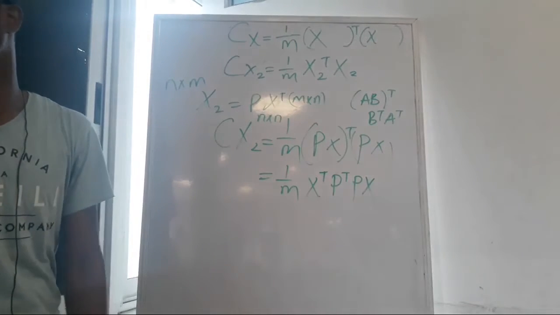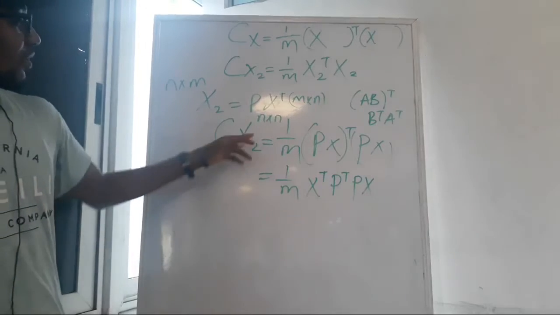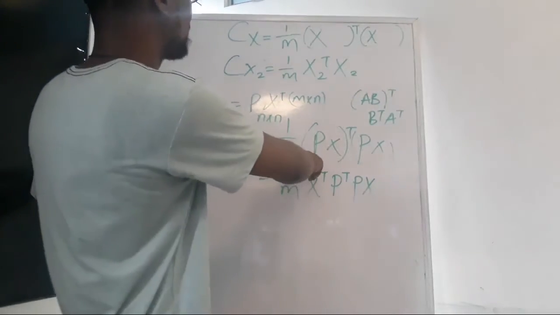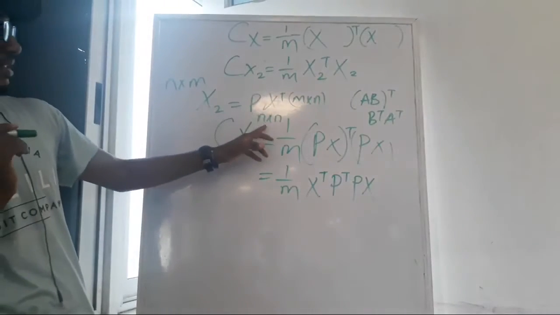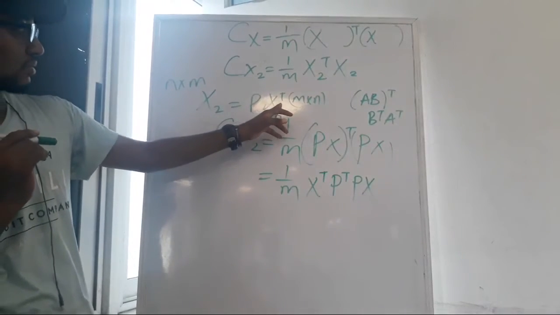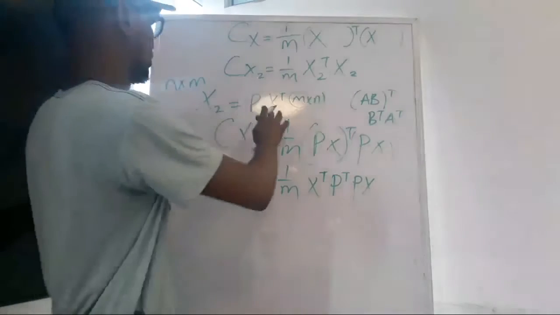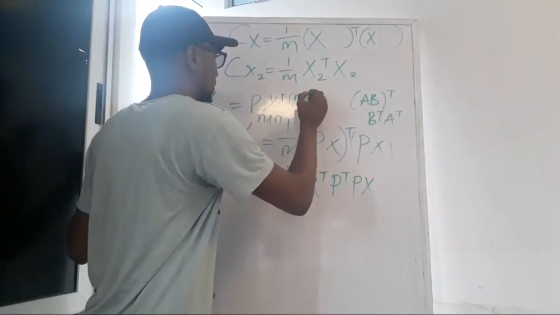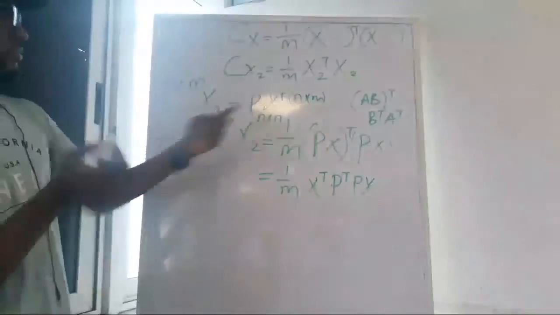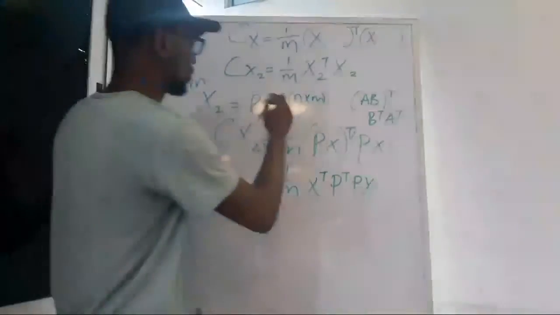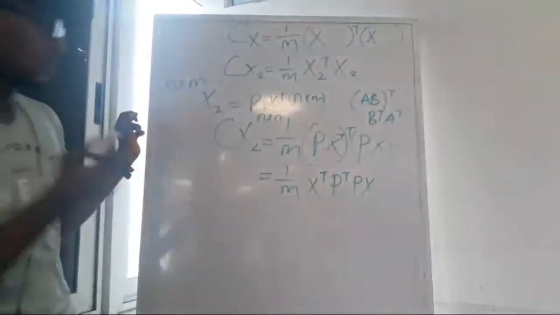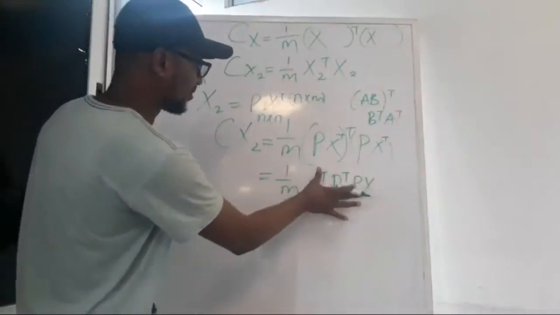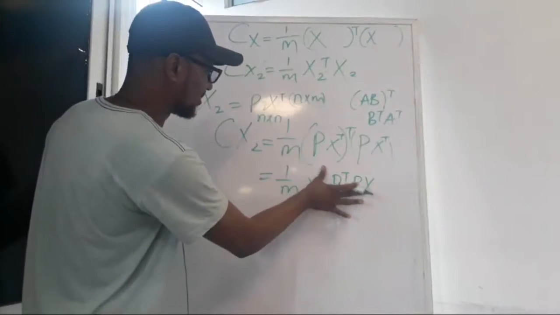What I'm saying is P X transpose. Okay, P. Sorry, this is N times N, right? And this is N by M, so this should be N by N. So meaning when you come here, you get this, and you have this.